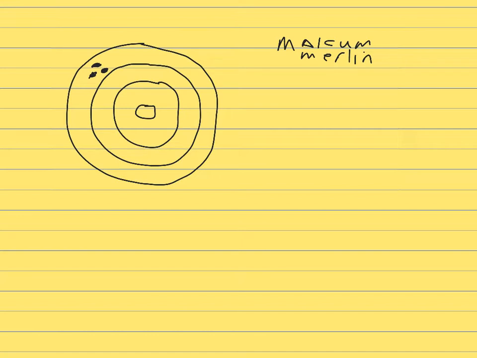My second archer over here, we'll call him Adrian Chase here. Shoots 3 arrows, and his 3 arrows land like that.